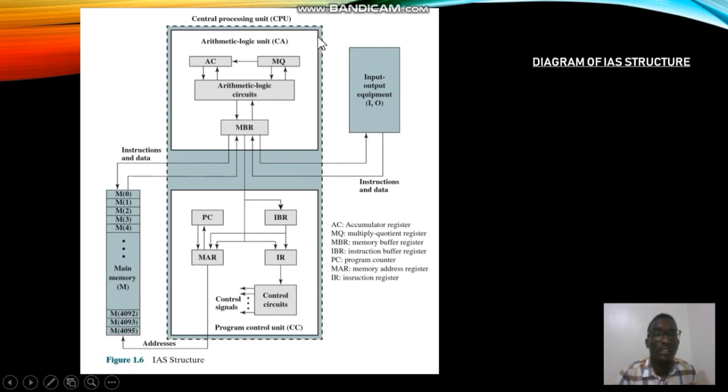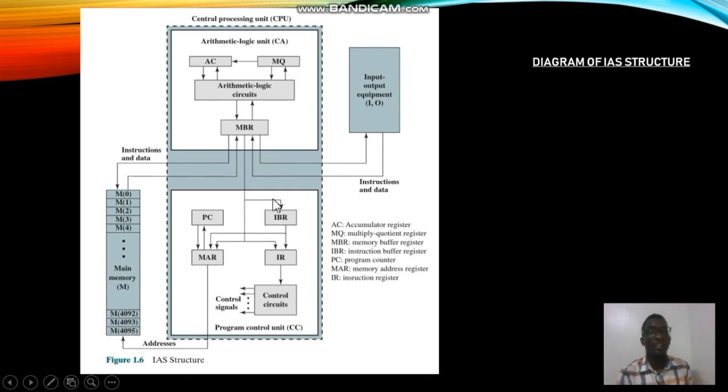Now inside the CPU, we had the arithmetic logical unit. In this arithmetic logical unit, we had the accumulator register, the multiply quotient register, the arithmetic logic circuits, and the memory buffer register, and those components made up the arithmetic logic unit.